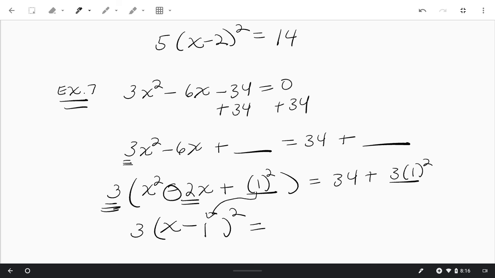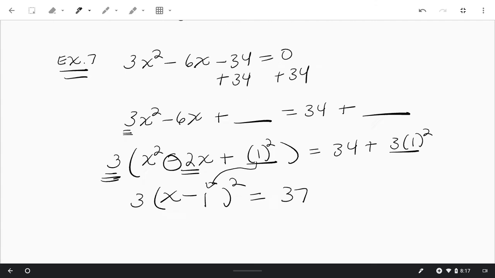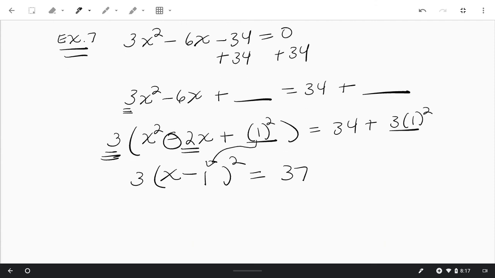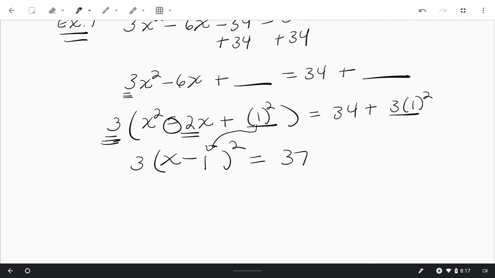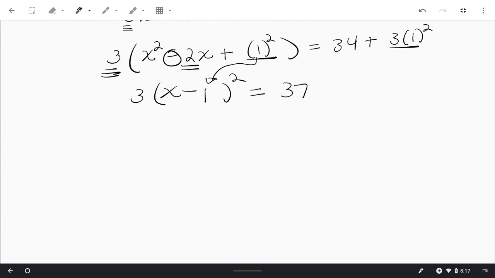And on this side, I get 34 plus, let's just do that in our heads, 34 plus 3 times 1 squared, and that is going to be 37. Okay, so you can kind of see this looking like a standard form of a quadratic if you watched my video for 3.1. So let's actually take a look at how it differs.